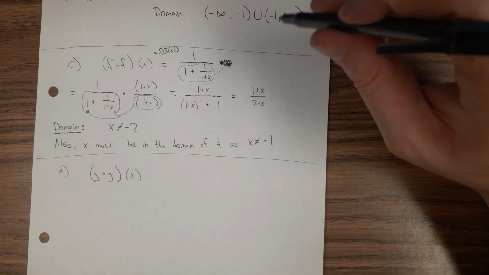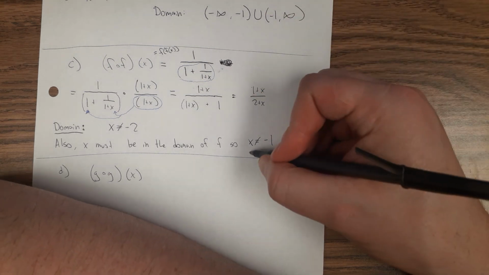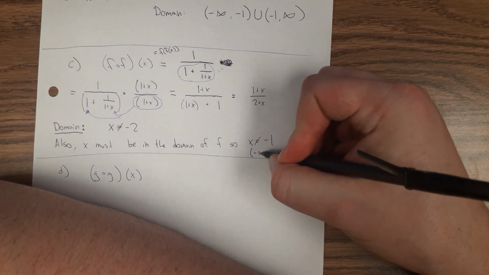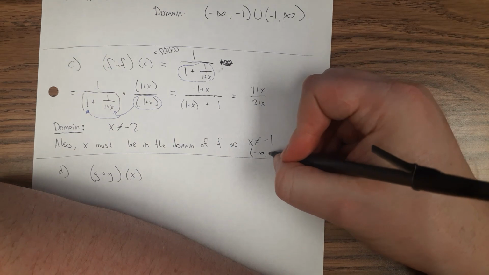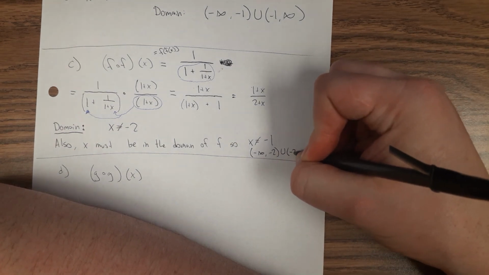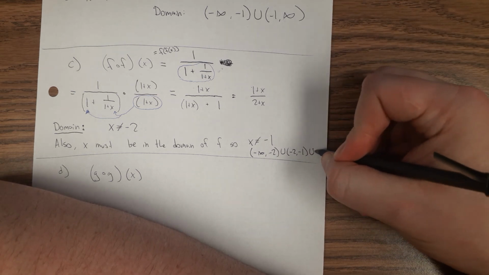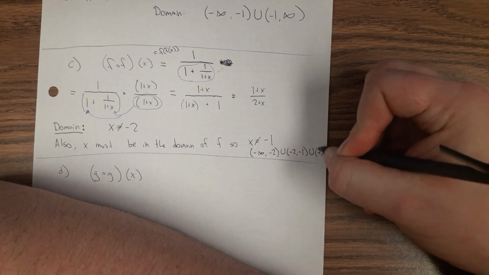Okay, but that's it. And I'll put my answer in interval notation. So there's the interval from -infinity to -2. Then there's the interval from -2 to -1. And then there's the interval from -1 to infinity.